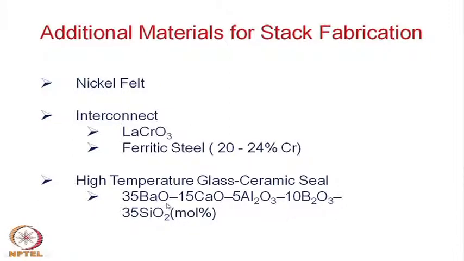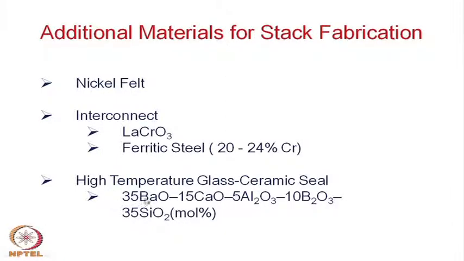These are typical glass compositions, but many different glass compositions have been tried out. One important aspect is there is no alkali here. For normal glasses, alkali is one of the basic components which reduces the melting point or the softening point of glasses, but in this case no alkali is allowed, and that makes the melting as well as processing of these glasses quite difficult.